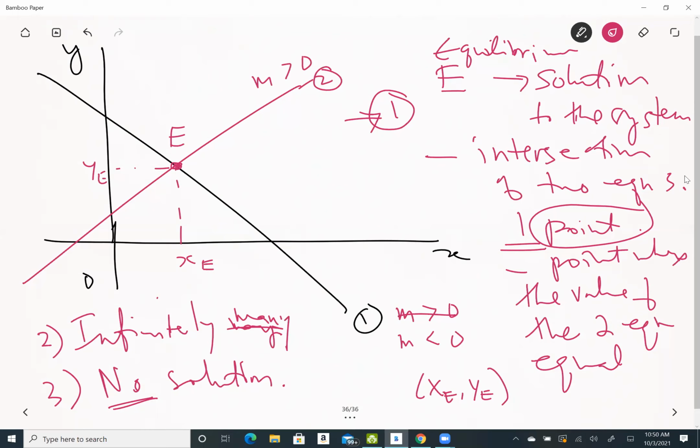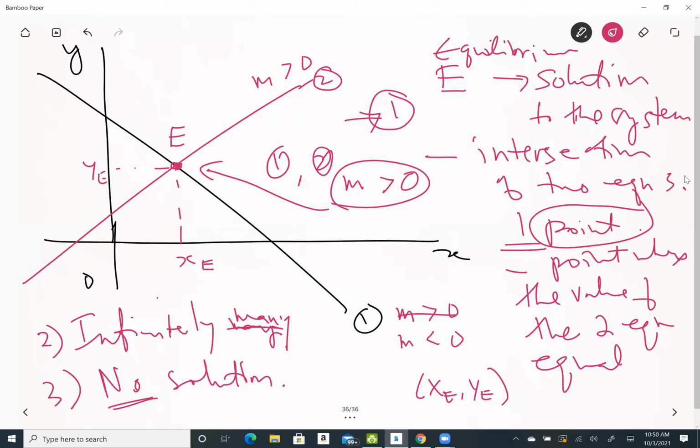I want you to draw both 1 and 2. The slopes are positive, and they have one solution like this. Just sketch, don't worry about the value of the slope. You have both slopes positive, and there is only one point of intersection.